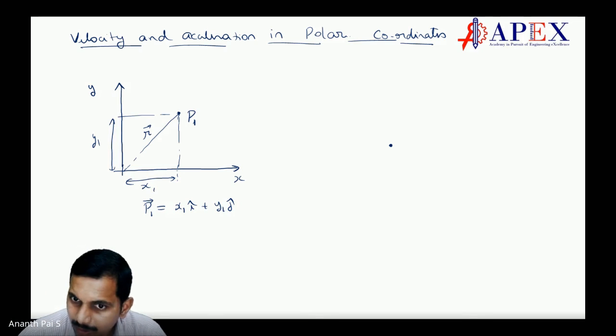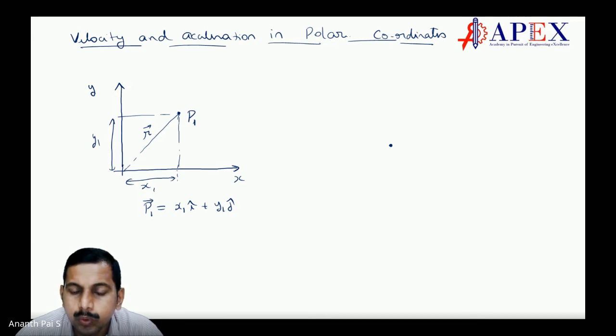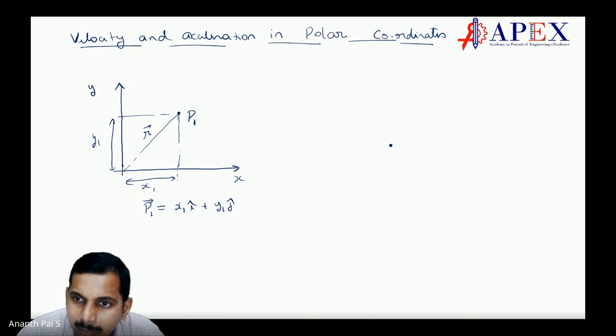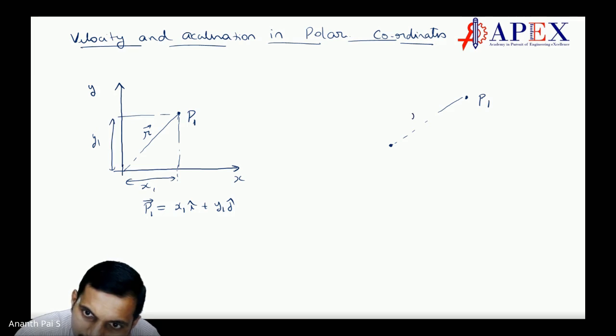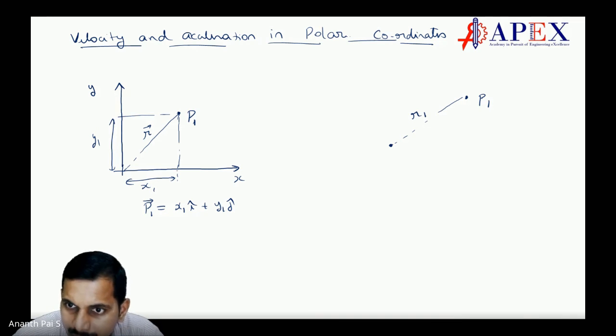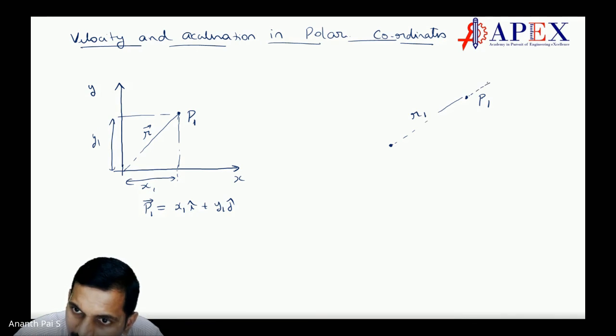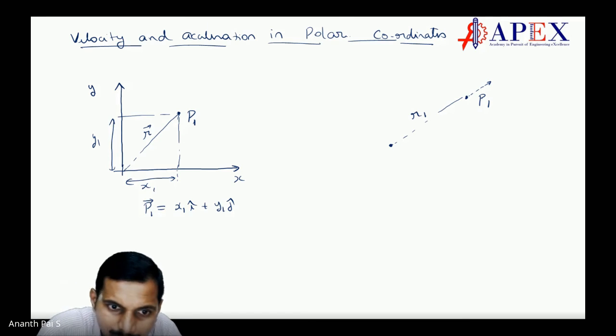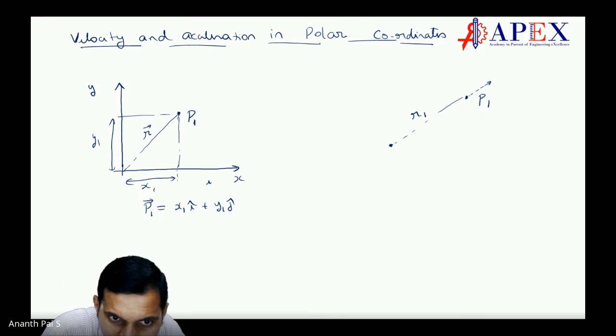Now, if I say this is the origin, there is no x and y. What is there? If you have a position P1 with respect to this origin, you take the distance R1. Along which direction? We can have a unit vector. For example, here the unit vector is i. This is i unit vector, correct?